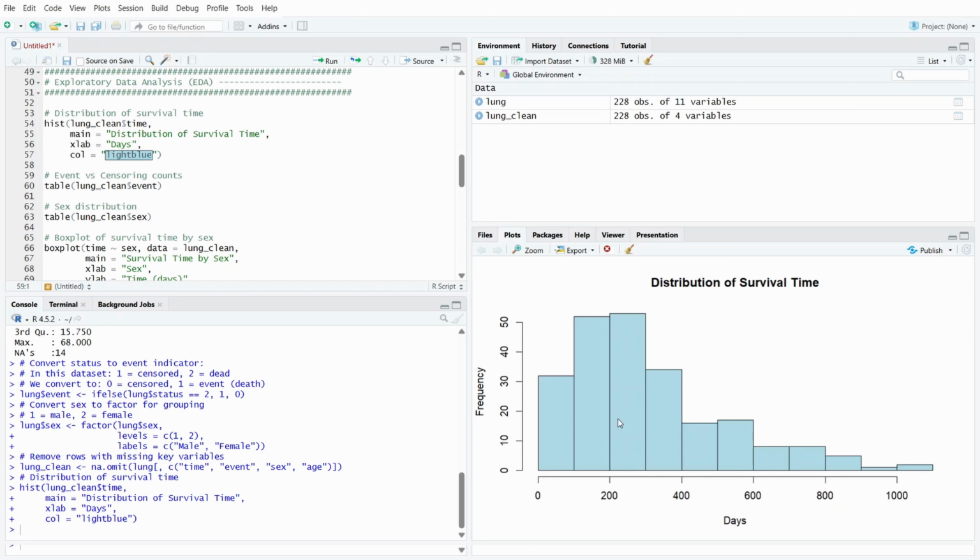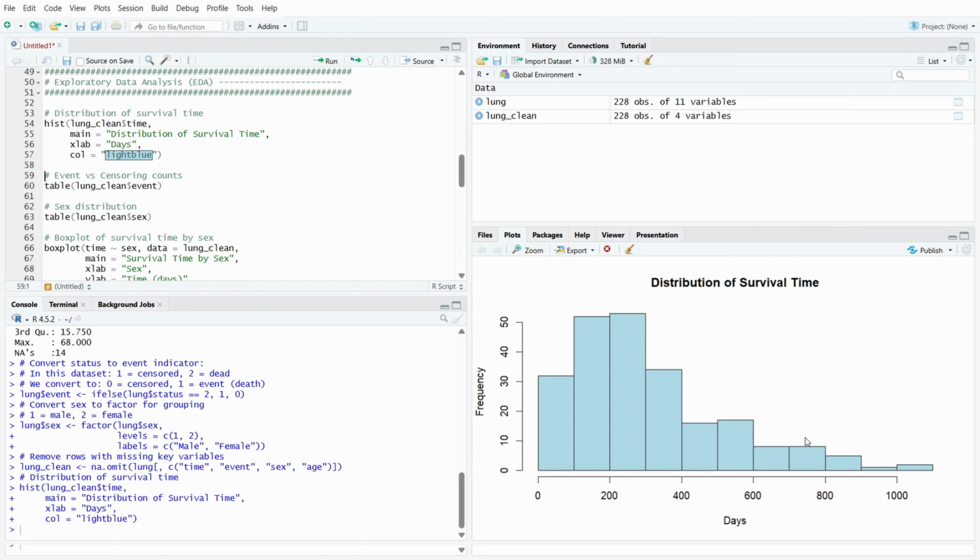The highest concentration of patients appears to fall roughly between about 100 and 300 days. This is where the bars are tallest, indicating the most common survival range. As we move further to the right, beyond 400 or 500 days, the frequency drops off quite noticeably.